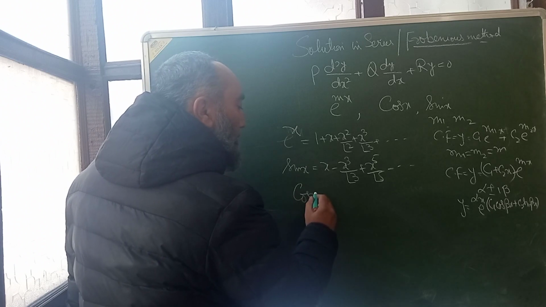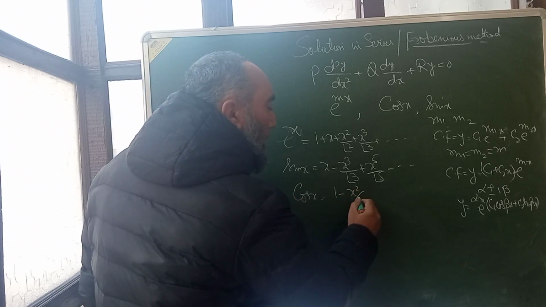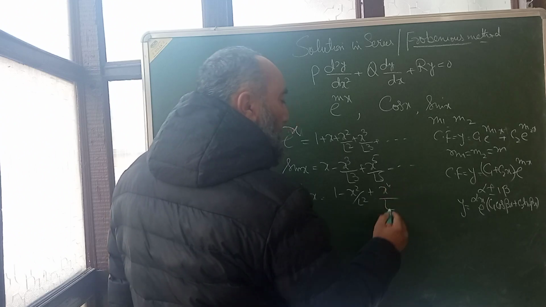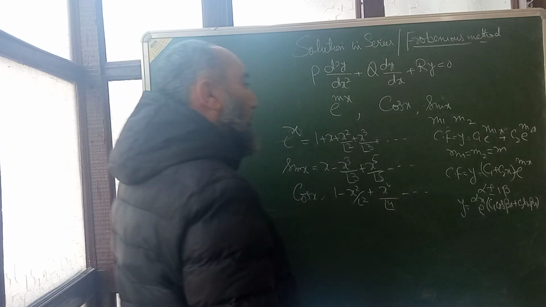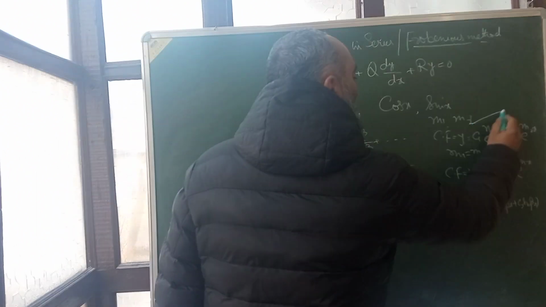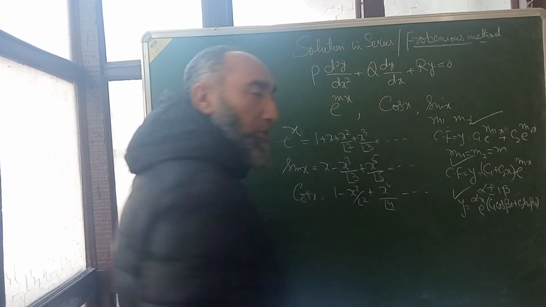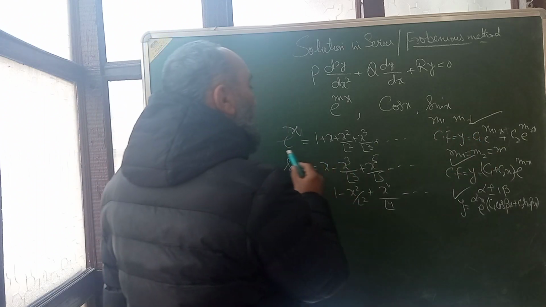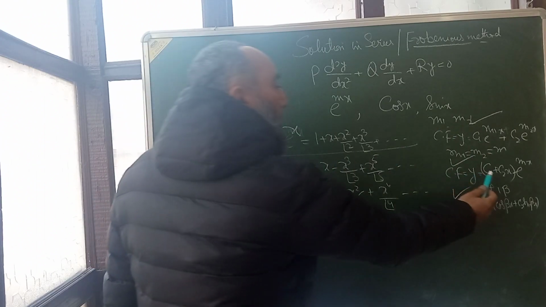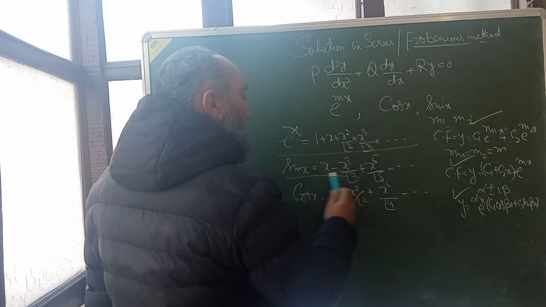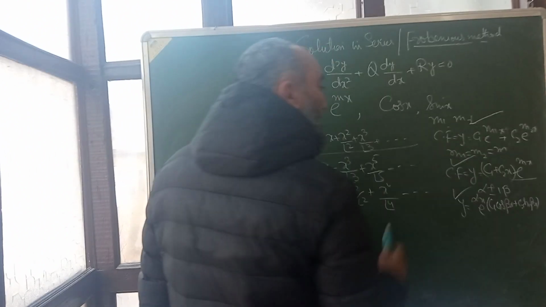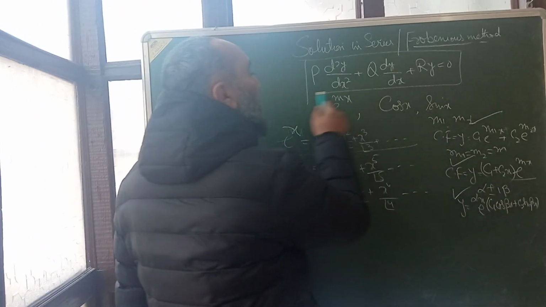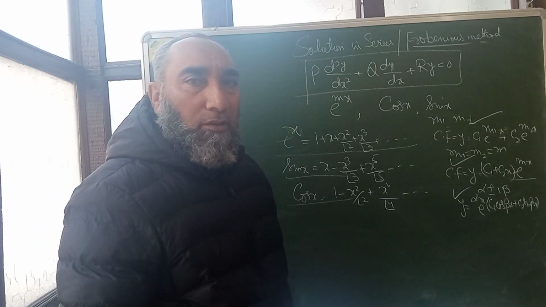Cos x is 1 minus x square by factorial 2 plus x4 by factorial 4, minus and so on. Each one of them has a series solution actually. e to the power m1x can be written in terms of a series. Sine and cos can be written in terms of a series. So actually, the solution of a linear differential equation with constant coefficients is a series, right?